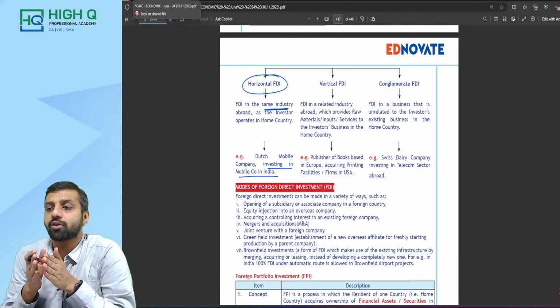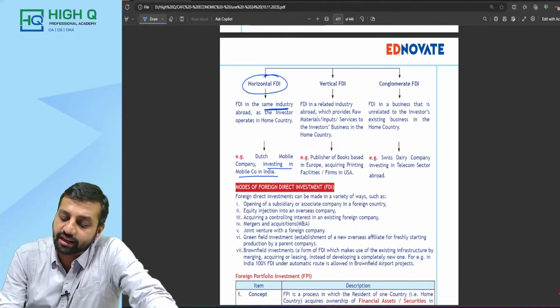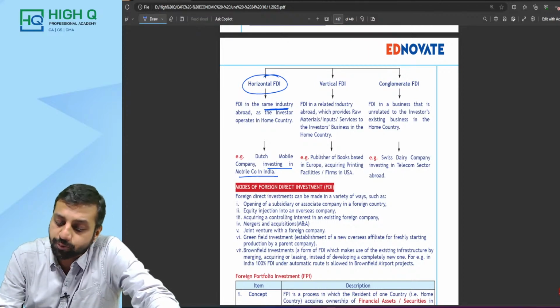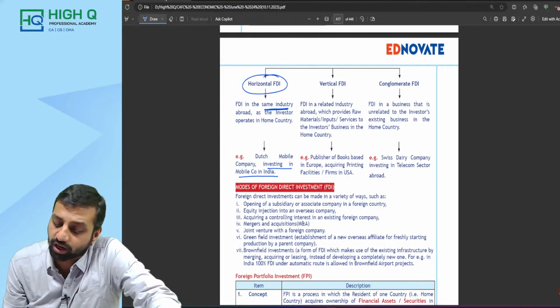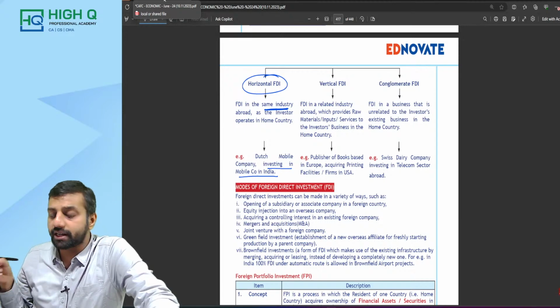Vertical means either I go forward or backward. FDI in a related industry abroad which provides raw materials or input services to the investor's business in the home country. So I am a book publisher acquiring a printing facility.